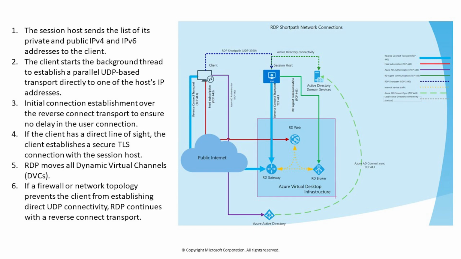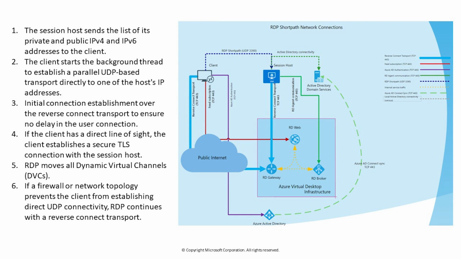RDP uses this transport to deliver, and the reason is basically reliability and consistent latency. So overall, the key benefit is from the performance aspect, guys. Why? Because when we set up the connectivity, we don't want the end users to experience that, right?